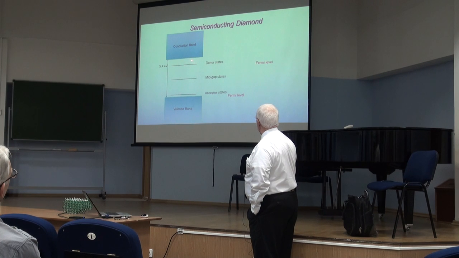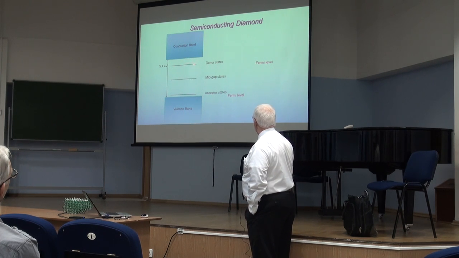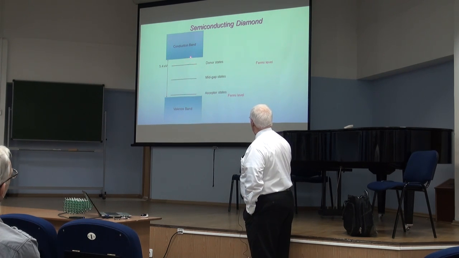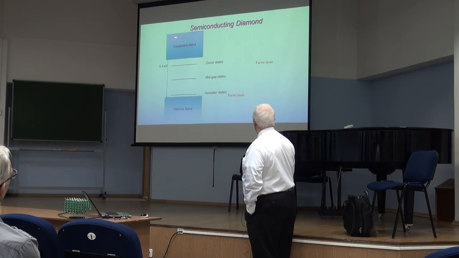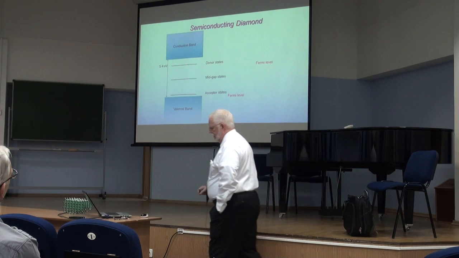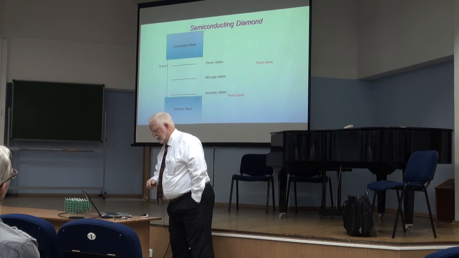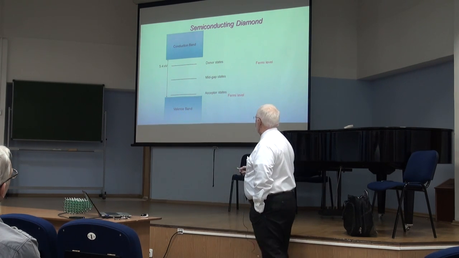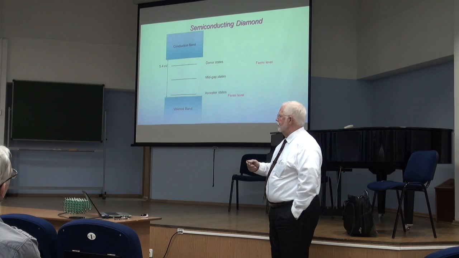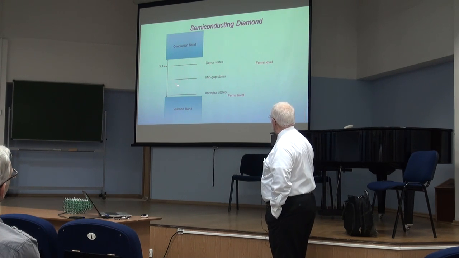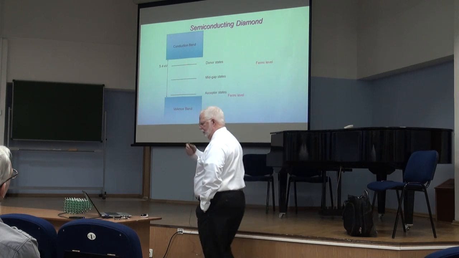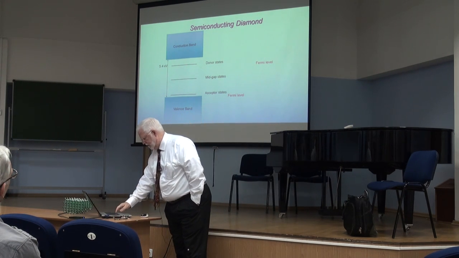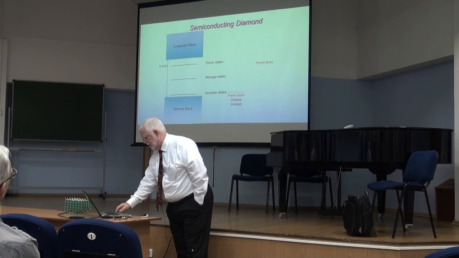Likewise, if we put in an electron-rich element like phosphorus, it can create donor states up near the top of the band, and we can make N-type material. Unfortunately, with diamond, because of sp2 bonding in different ways, it can create a whole bunch of different states in the mid-gap, which are not good because they'll trap charge and prevent charge from moving in the lattice.